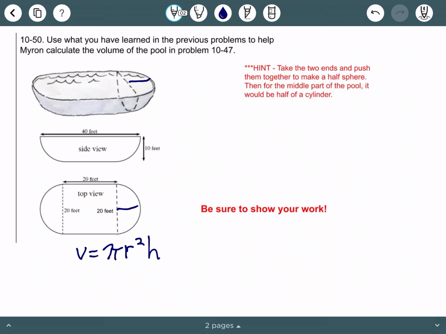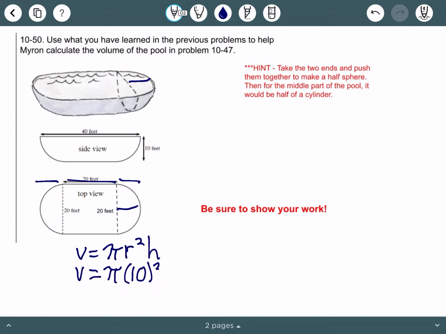Now, we know if the pool is 20 feet here, and it's 40 feet altogether, then this has to be 10 feet and this has to be 10 feet, right? Because that's what would add up to 40. So our radius is 10.